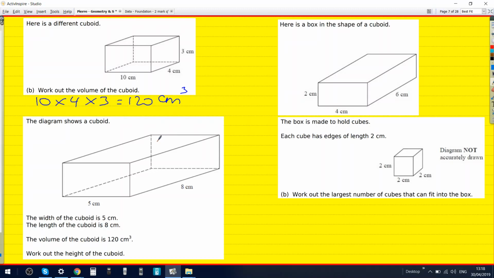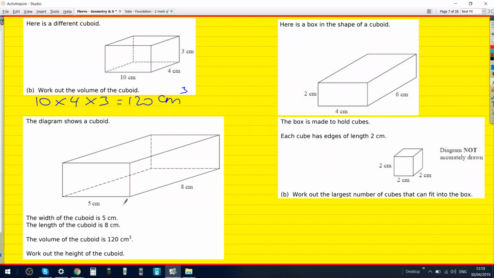So it's 120. Volume? So that's the whole shape itself. It's not just the surface.